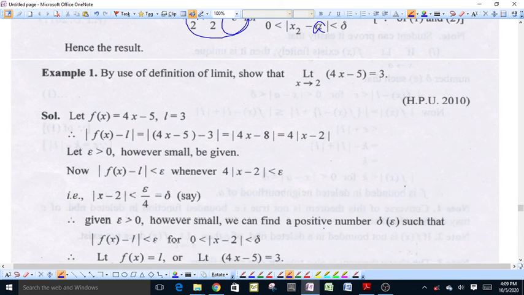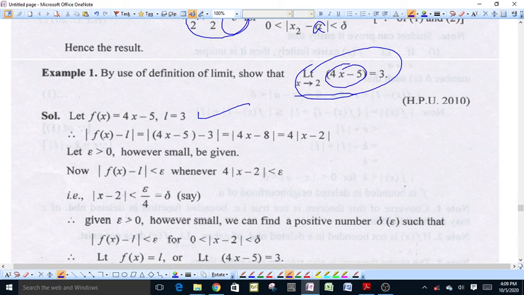By using the definition of limit, we have to show that the limit of 4x minus 5 as x approaches 2 is equal to 3. Here f(x) is equal to 4x minus 5 and L is equal to 3. Now, modulus of f(x) minus L, that is 4x minus 5 minus 3, will be equal to 4x minus 8, taking 4 common, it will be equal to 4 into modulus of x minus 2.